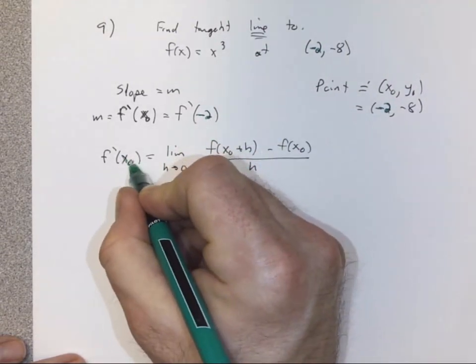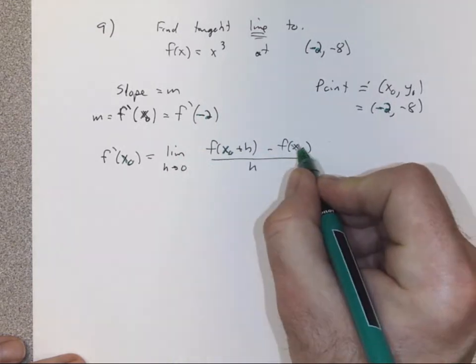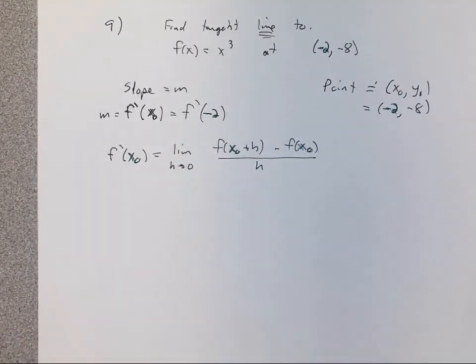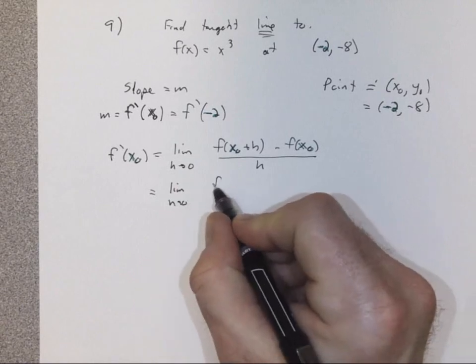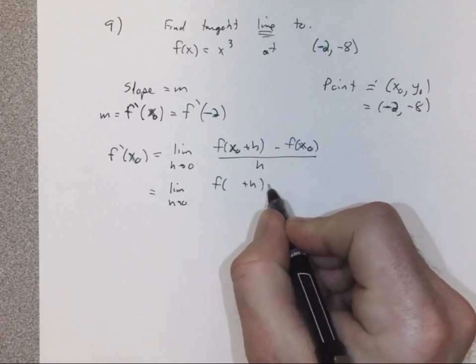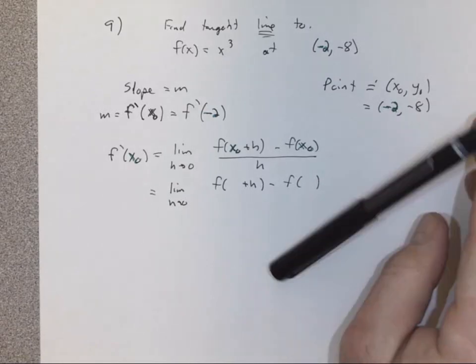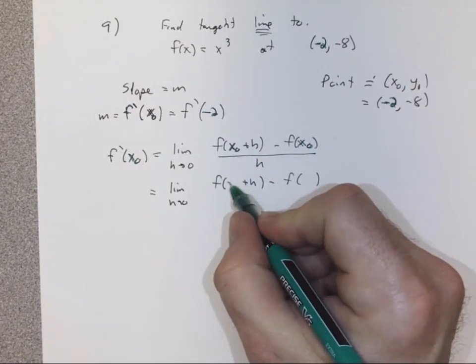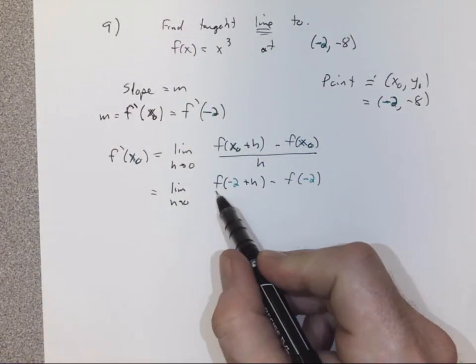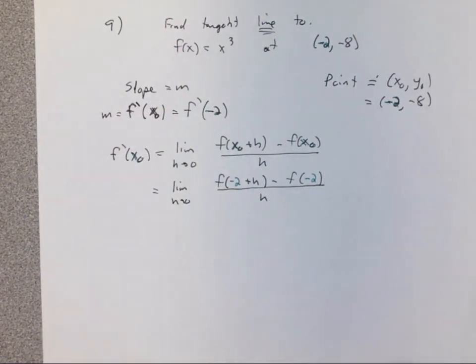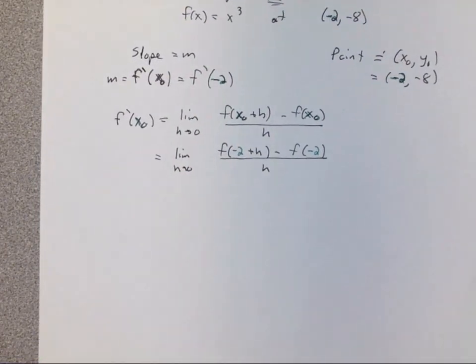So plugging that in, the limit as h goes to 0 of f of -2 plus h minus f of -2, all over h. All right, what do you do next?